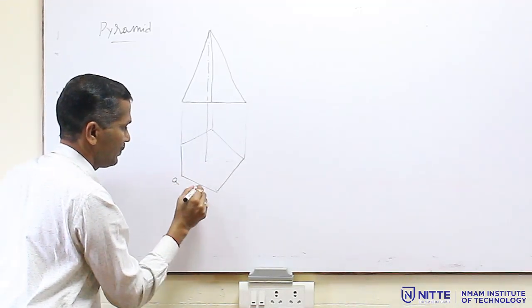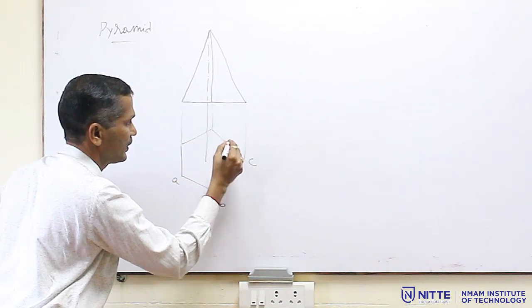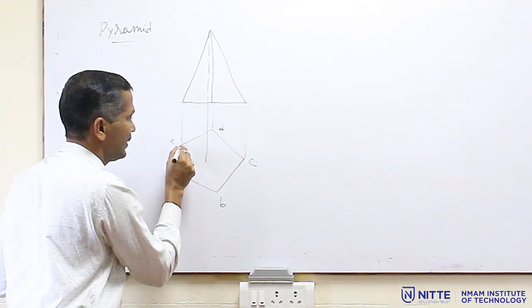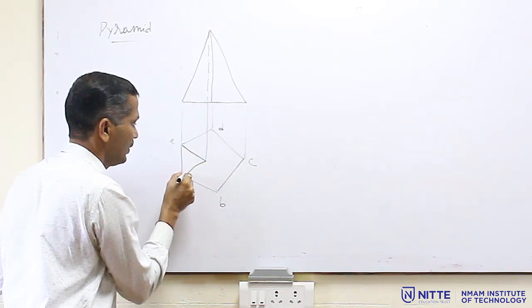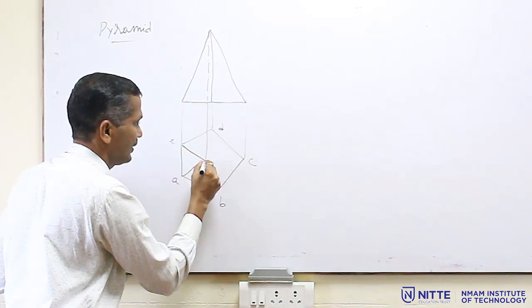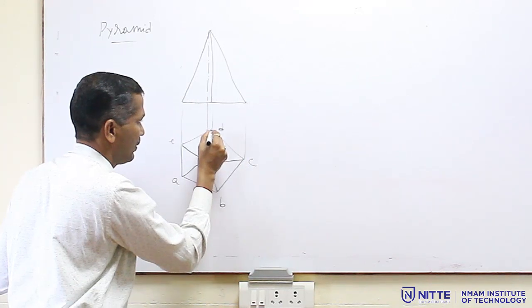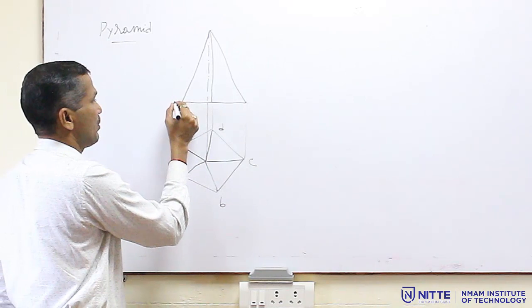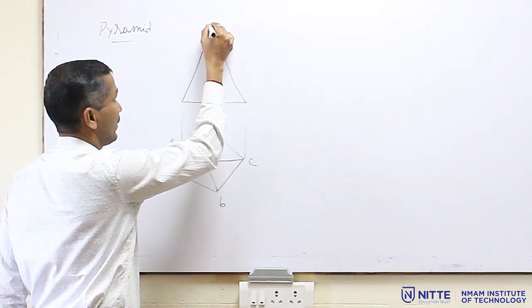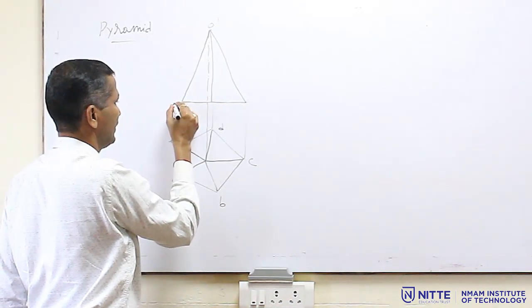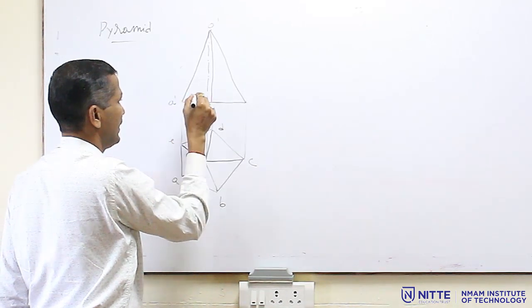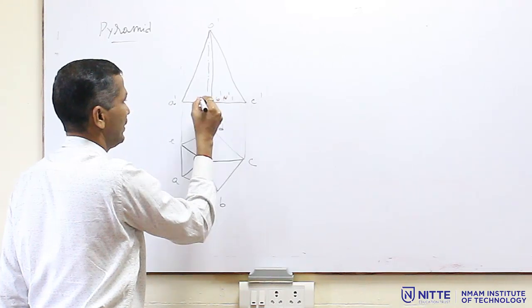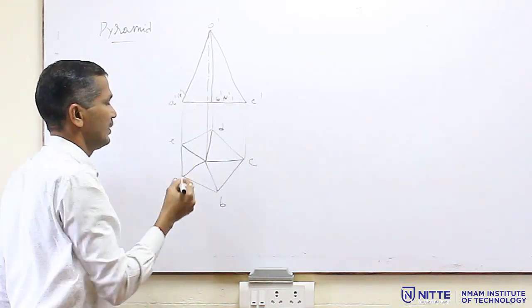This is A, B, C, D and E, and connect all these edges in the top view. The slant edges, you have to connect like this because it is a pyramid. And name the front view also. This is O dash, this is A dash, B dash, C dash, D dash and E dash.